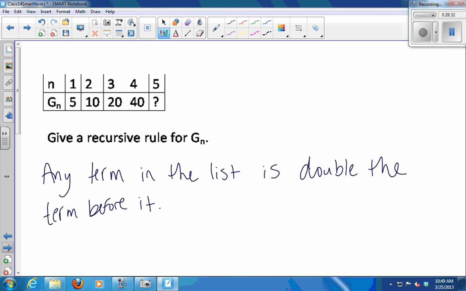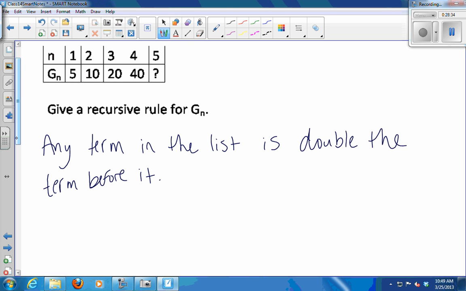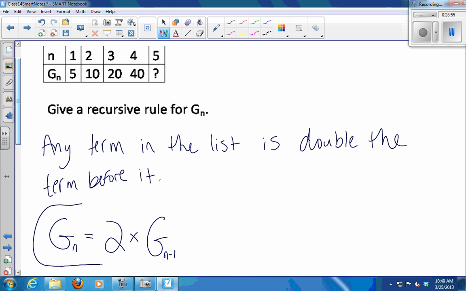Okay, so if I want to write this in symbols, I would write G sub n is double, that's 2 times, and then how do I write the term right before the nth term? Yep, G subscript n minus 1. Okay, so let's do some non-generic examples.